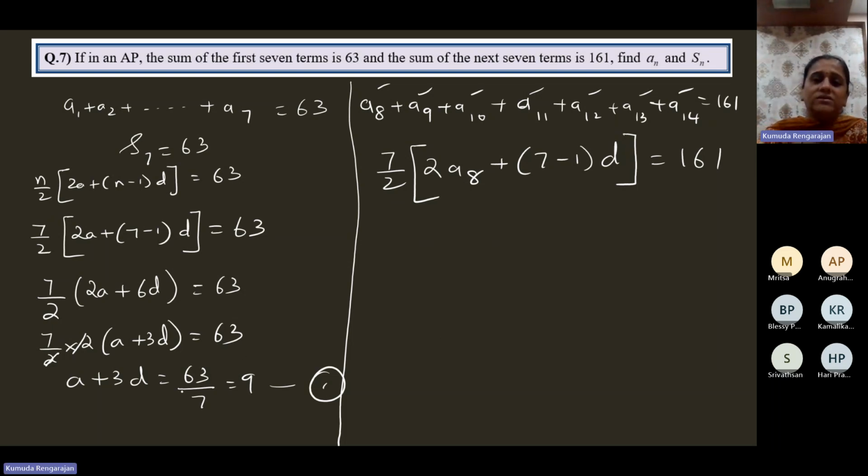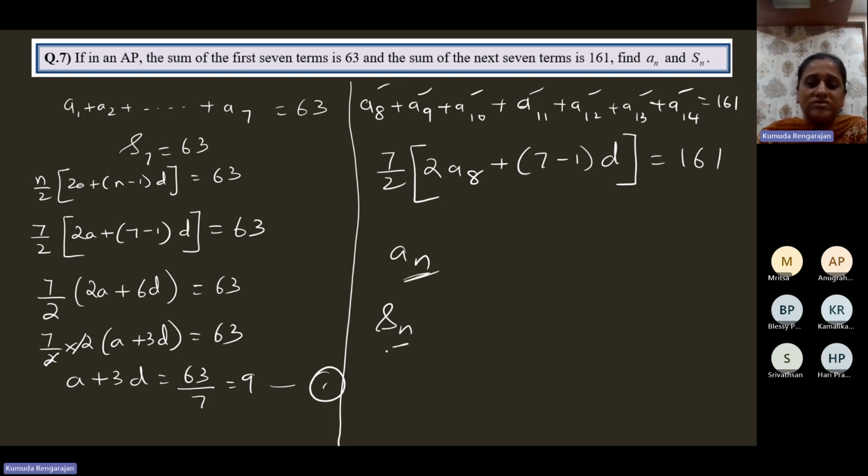Once you get a and d, you can generate the AP, and you can find a_n and S_n, as I've told you to. n will remain n. You will have to only give the values for a and d.